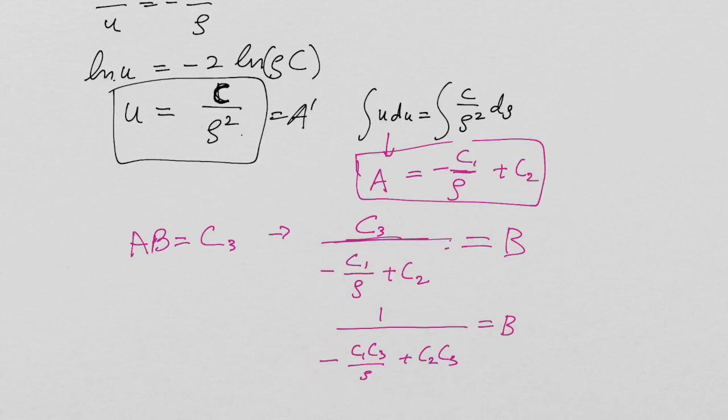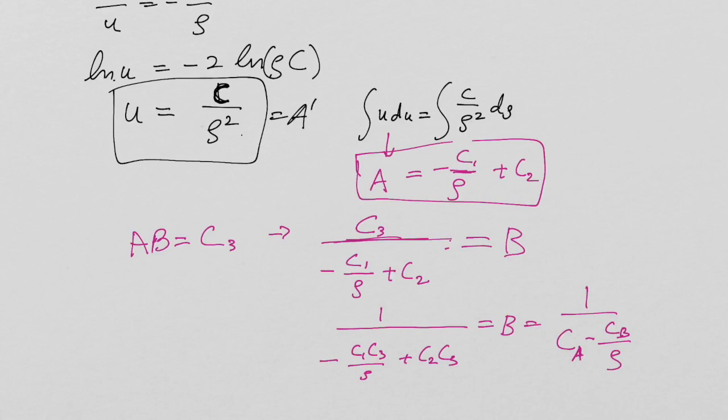And now you just recombine this. This is basically two constants that this ends up being. So we write B in some final form as 1 over one constant, I'll call it CA, minus CB over rho, right?